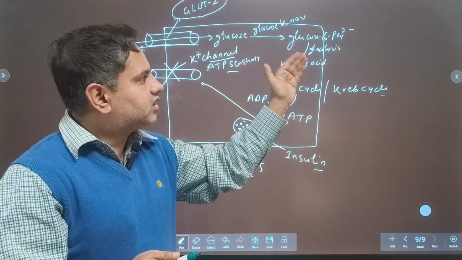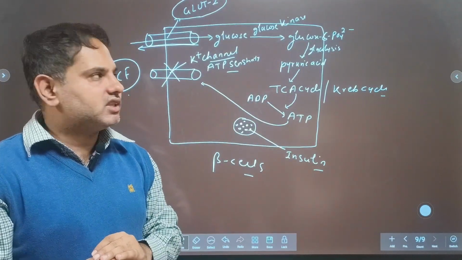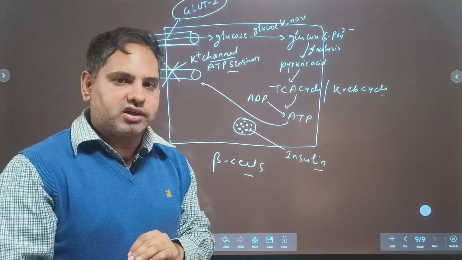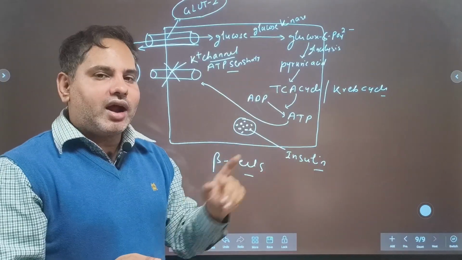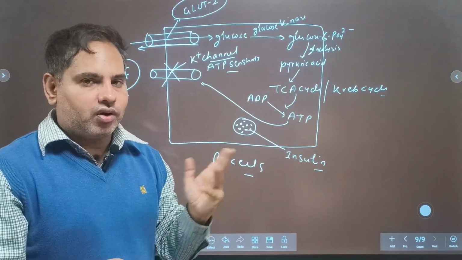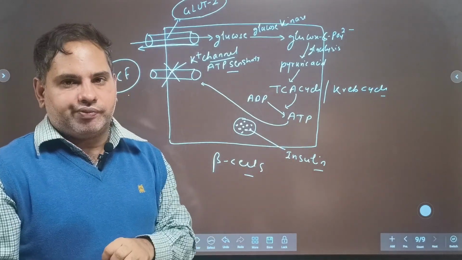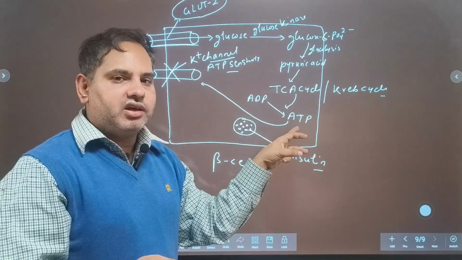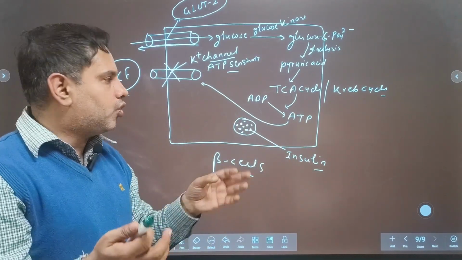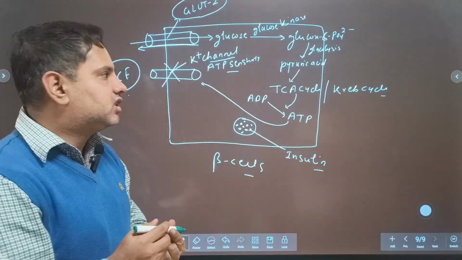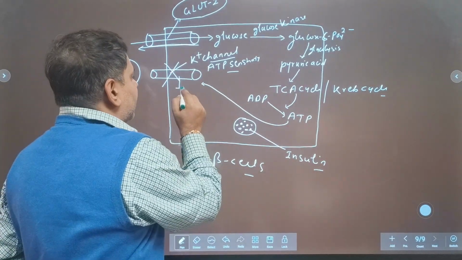Glucose 6-phosphate undergoes the process of glycolysis and forms pyruvic acid, and pyruvic acid is going to enter into your Krebs cycle, that you also call the TCA cycle, and do the formation of ATP. And when this ATP generation is more, it is going to block one very important channel, that is your potassium channel.